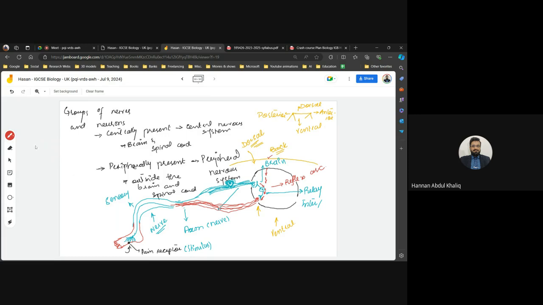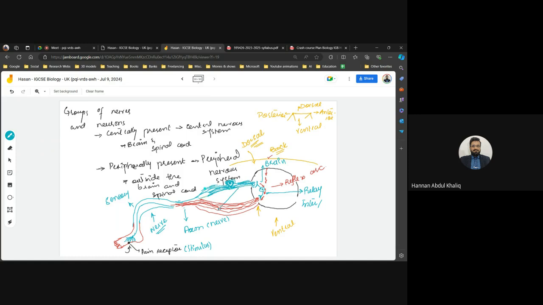Now, if you focus on this point, all these axons are of motor nerves. And over here, all these axons are of sensory neurons.